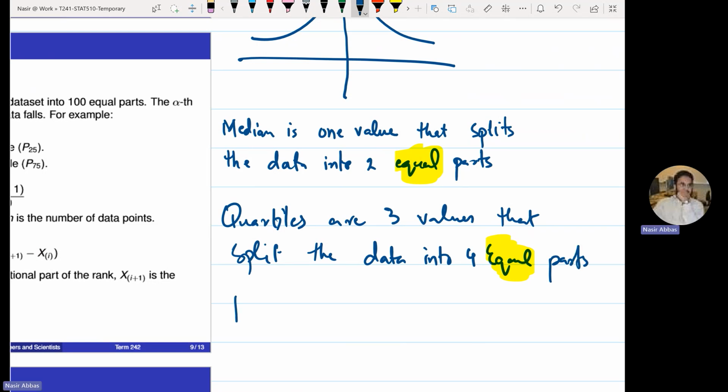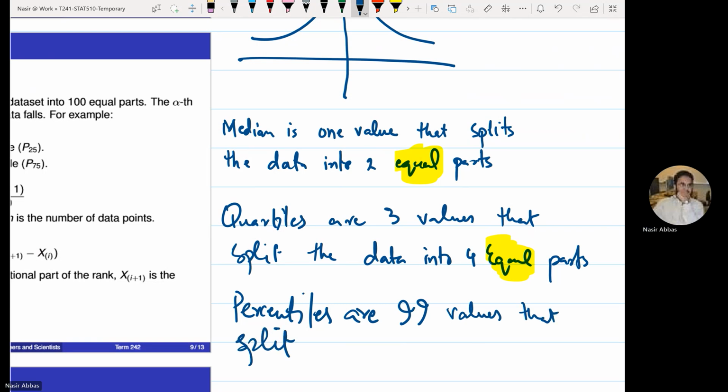What are percentiles? These are 99 values that split the data into 100 equal parts.